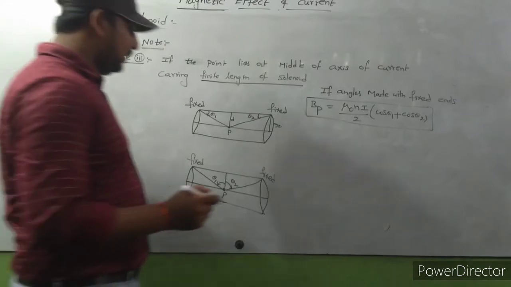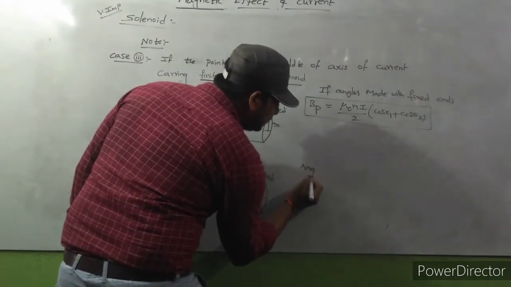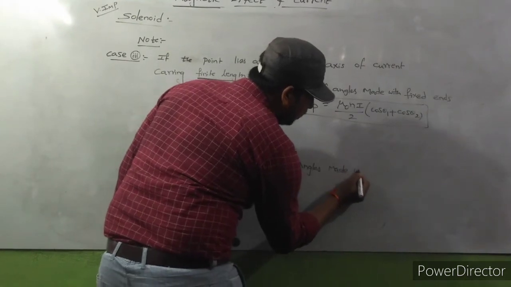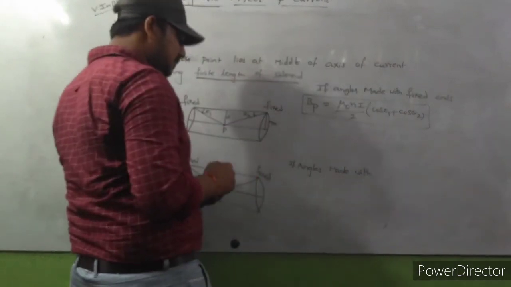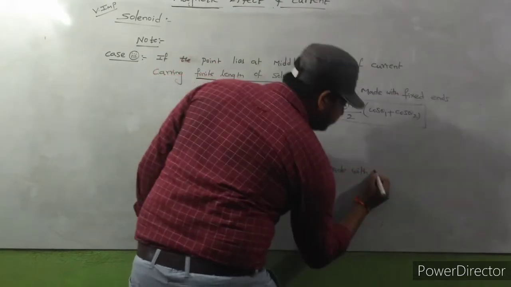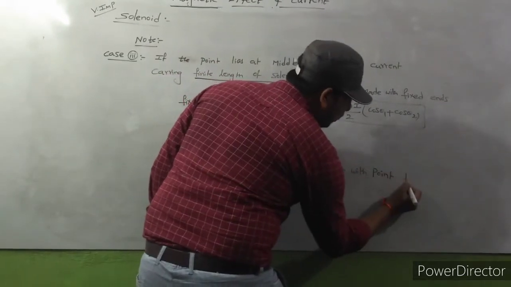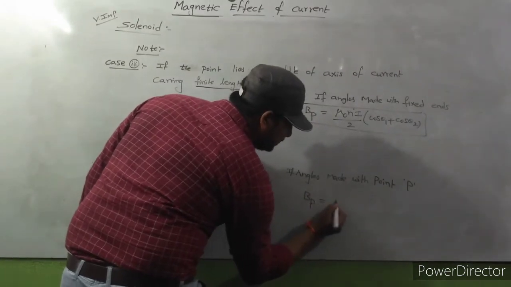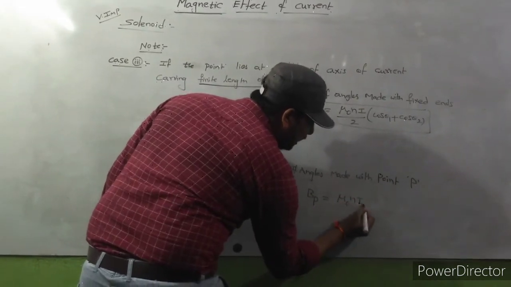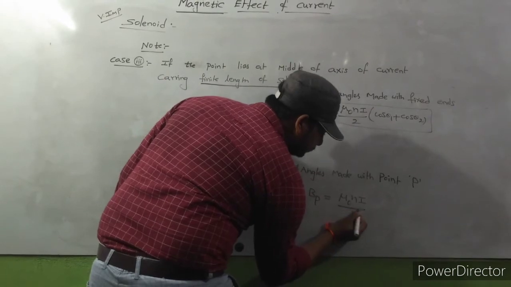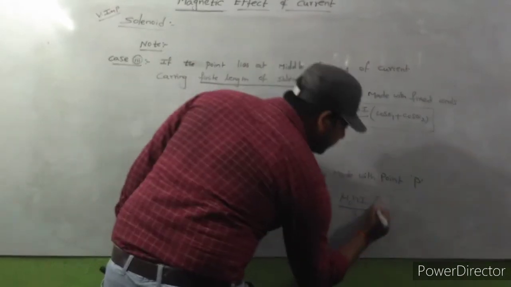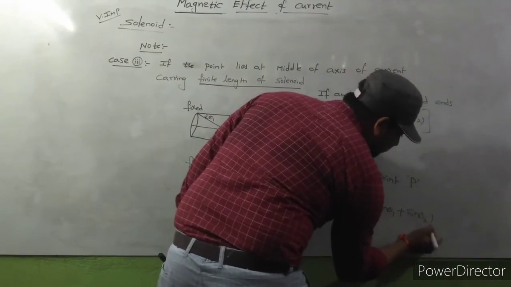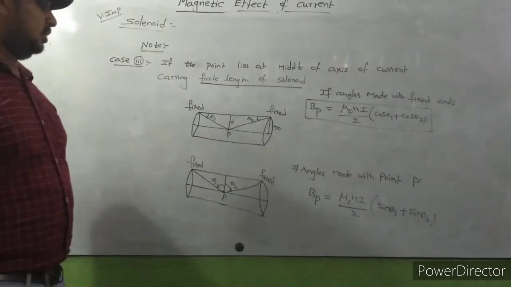If the angles are made with the point P, then the magnetic field at point P is equal to mu naught n i by 2 into sin theta 1 plus sin theta 2.